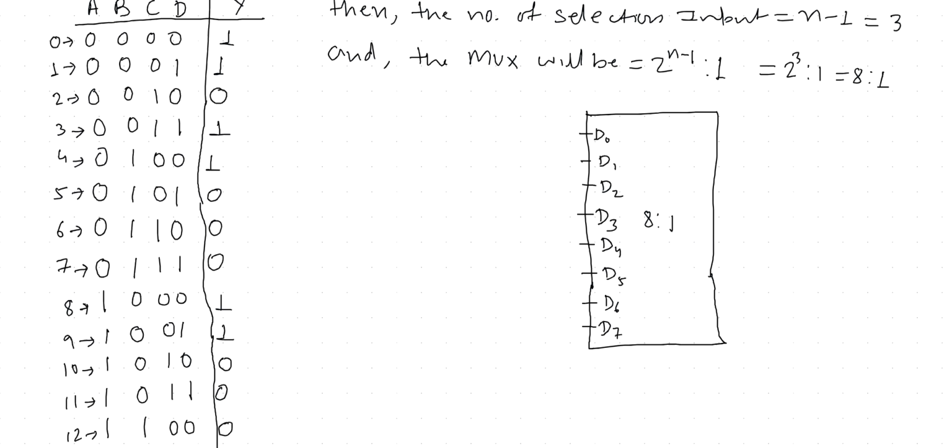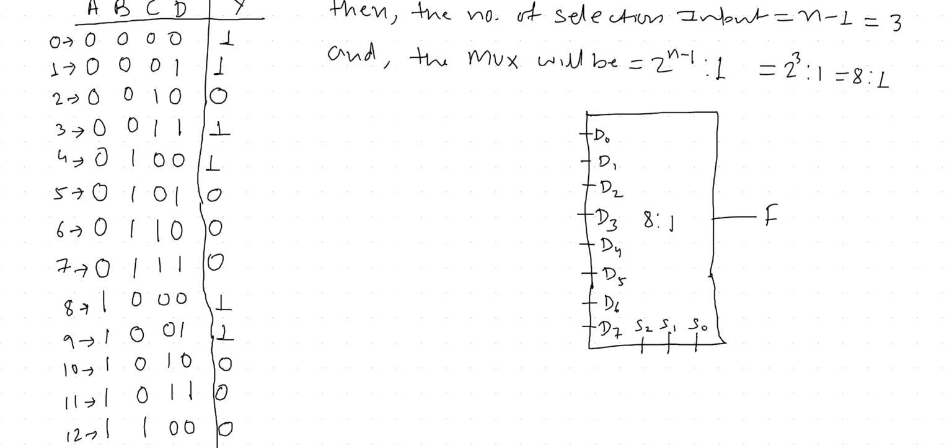These are the 8 inputs and single output is there. Single output, suppose F or Y, whatever. And how many selection lines for the 8 mux? It is 3 selection lines. Suppose selection lines are S0, S1, and S2.